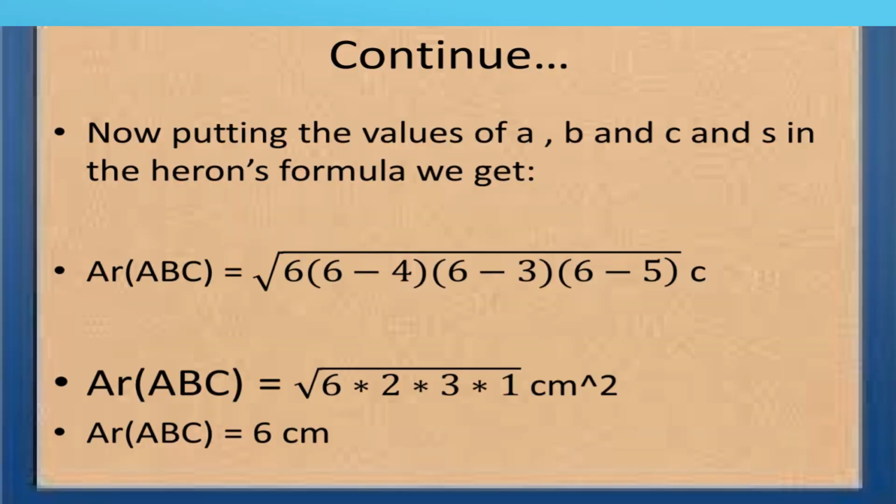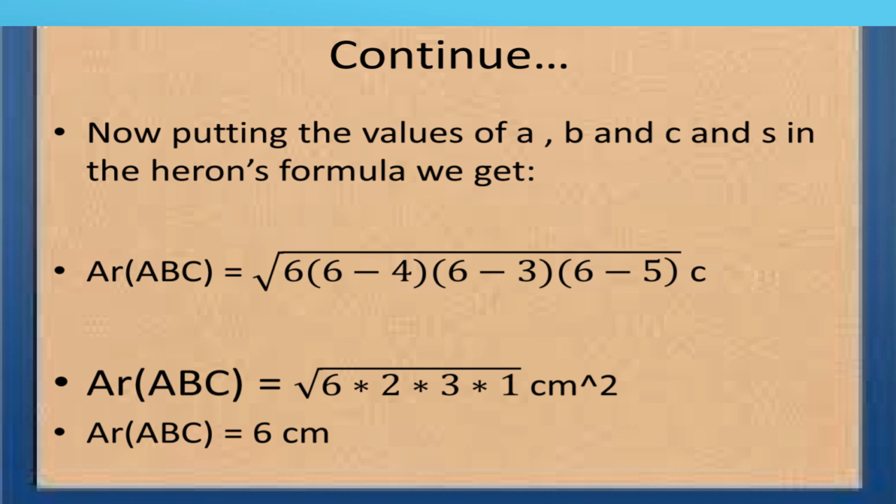Now we substitute the values of A, B, C and S in Heron's formula. Then we get the area of triangle ABC is equal to square root of 6 into 6 minus 4 into 6 minus 3 into 6 minus 5.